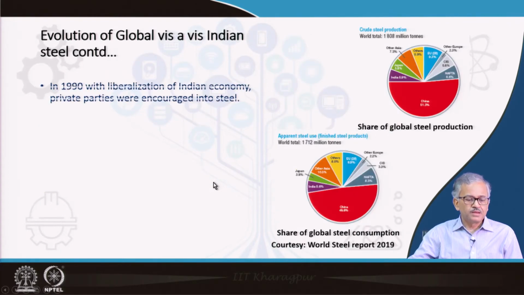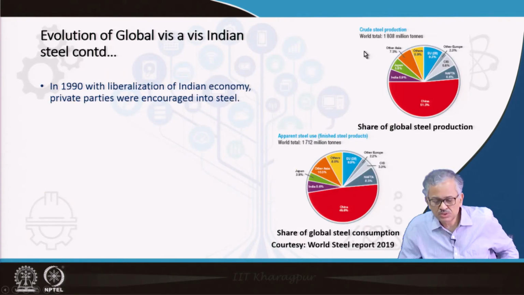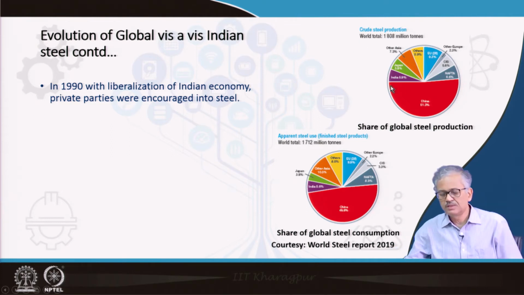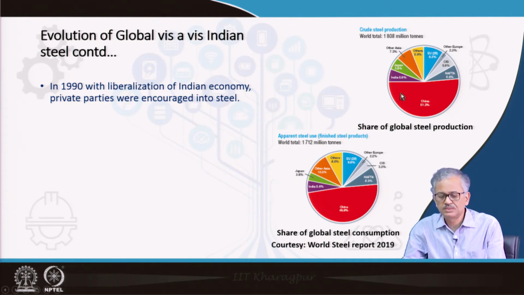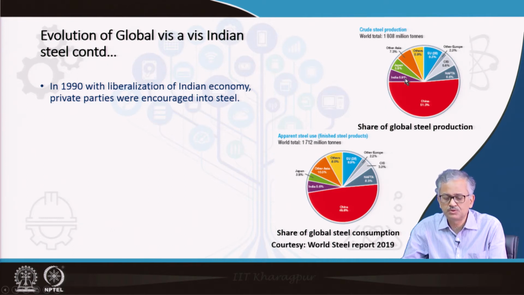If you look at crude steel production today, the majority is produced by China, more than 50%. India now produces 5.9%, that is 106 million tons per annum, and is the second largest producer of steel, followed by Japan, which also produces around 104 million tons per annum.